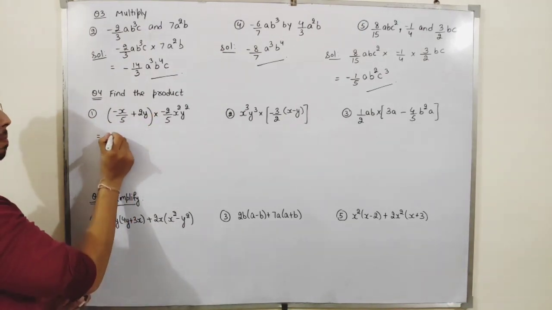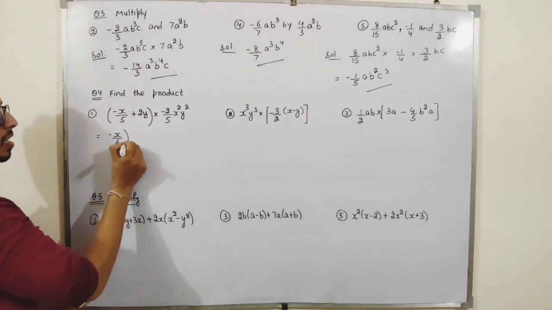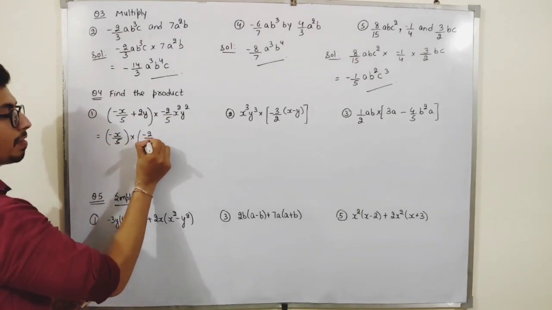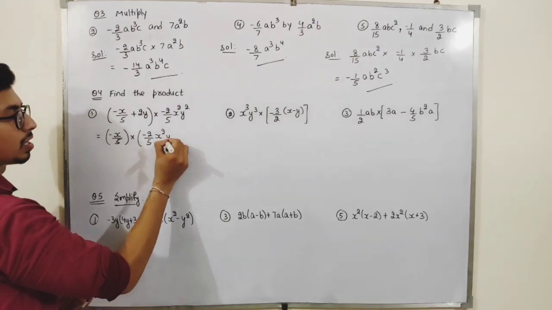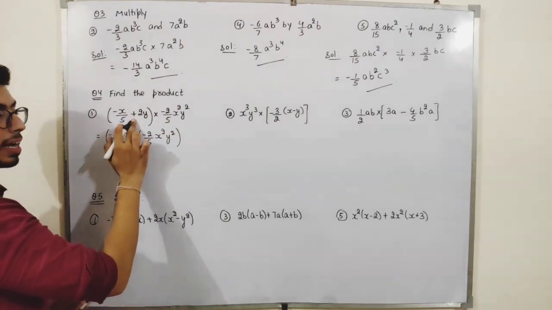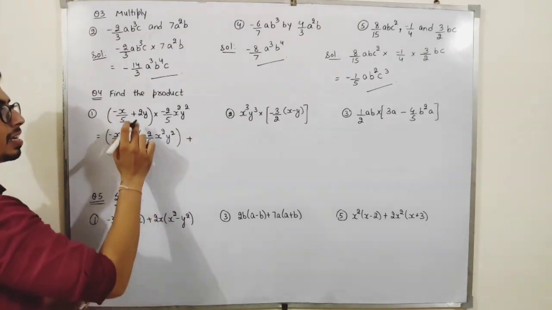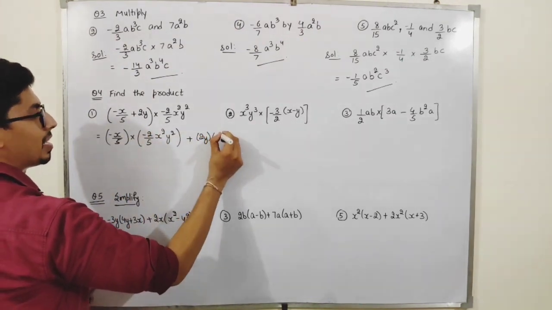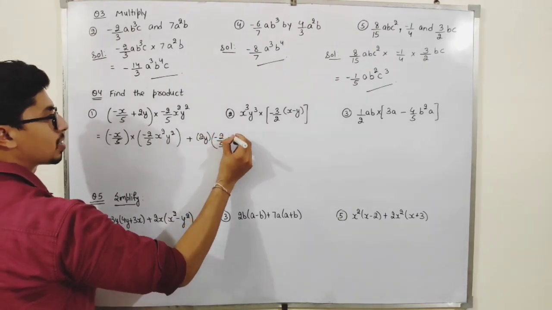So minus x by 5 multiplied by minus 2 by 5 x square y square. Just multiply these two. Now addition is just addition sign and multiply 2y by minus 2 by 5 x square y square.